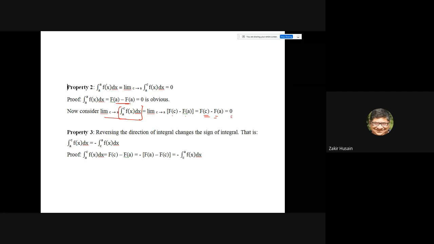So we show that this is equal to 0, and therefore since these are identical, this will therefore also be 0.